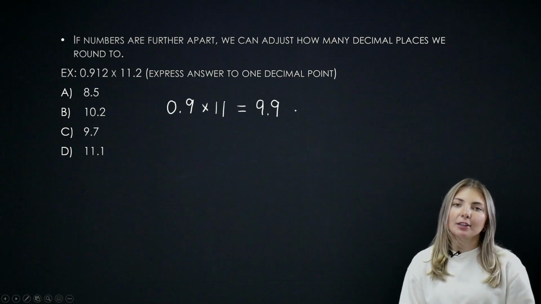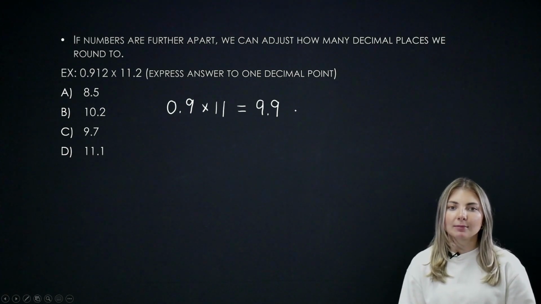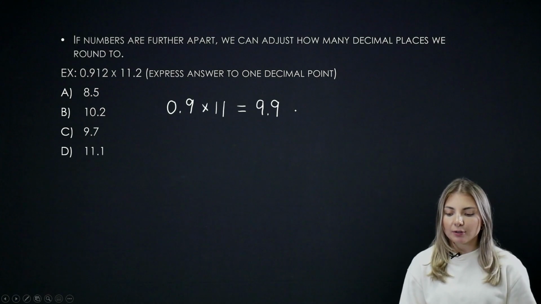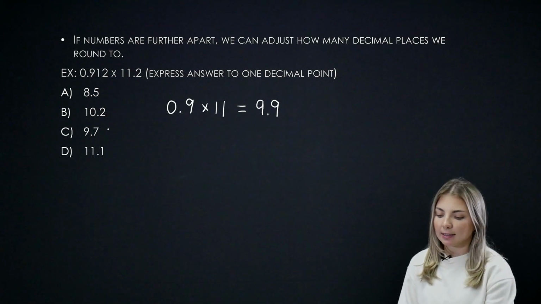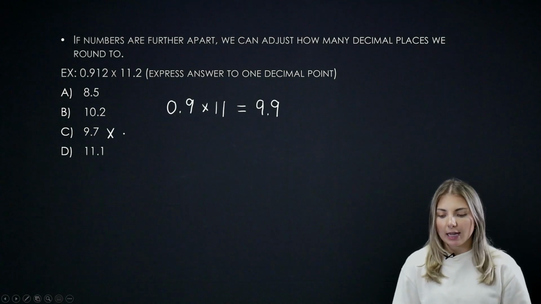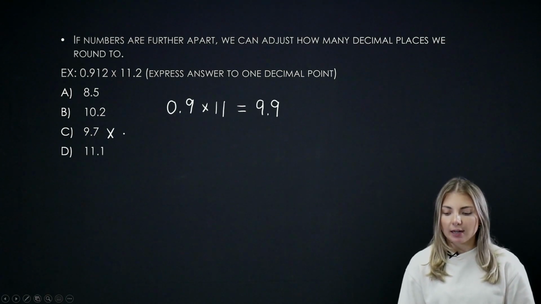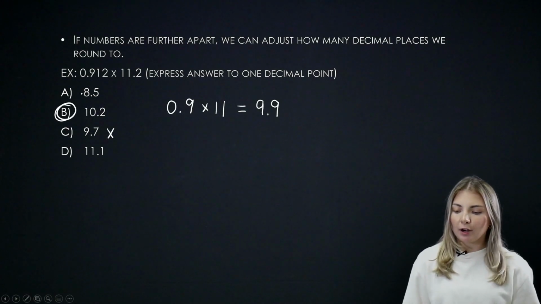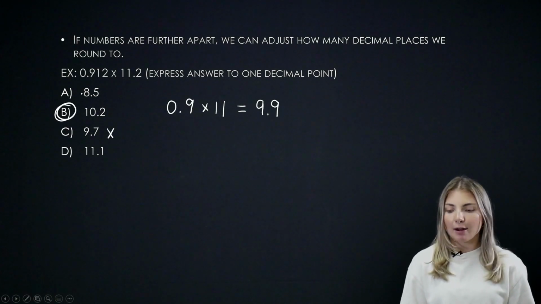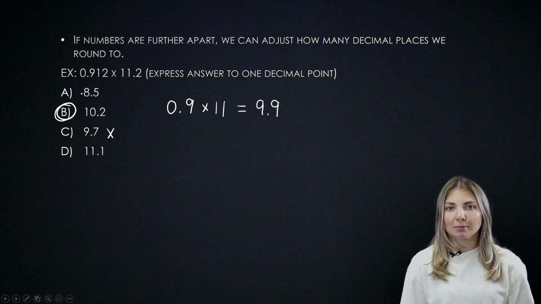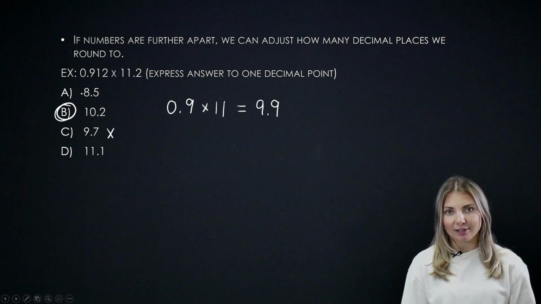Because of this, we know that our real answer is actually going to be greater than the answer that we just solved for. So therefore, we can eliminate the 9.7 as it is too small to be the real answer. And the next closest answer that we see is B. Therefore, on a question like this on the MCAT, we know that 10.2 is the correct number if you were to multiply these two with a calculator.